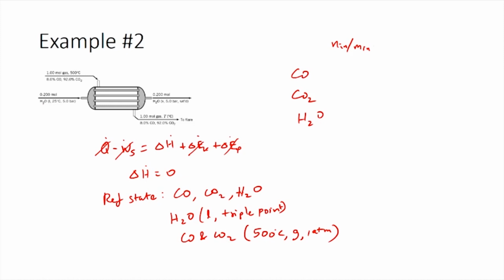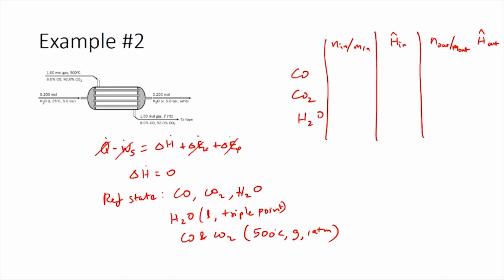However, the enthalpy we calculate using integral Cp dT would be in terms of kilojoules per mole. So, depending on what units for enthalpy would be, we would have to write either the number of moles or the mass of the inlet and outlet streams, and you would have H cap in and you have n out or m out, and you would also have H cap out. So, this is the table we have to work with.